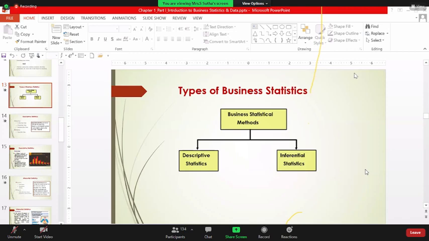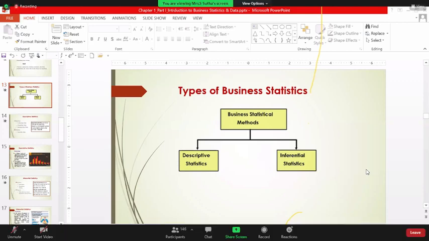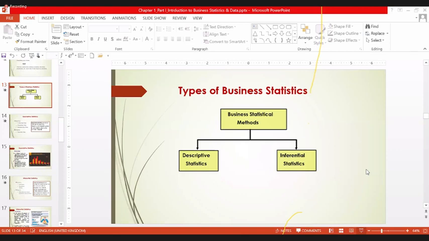Right. In the last class, we looked at the types of business statistics. There are two major classifications we have, descriptive statistics and inferential statistics. Then we looked at descriptive statistics. It consists of methods for organizing, displaying and describing data by using tables, graphs, and summary measures.